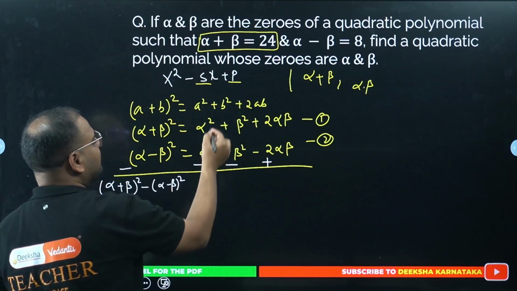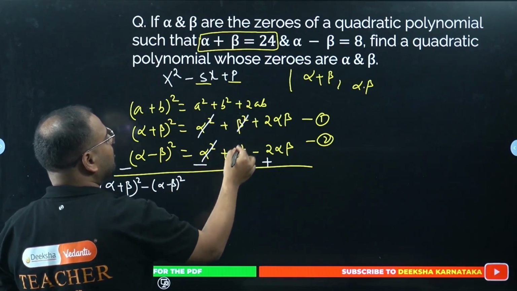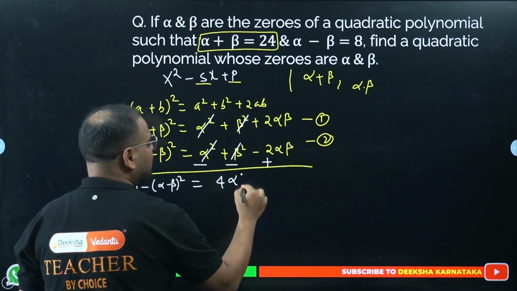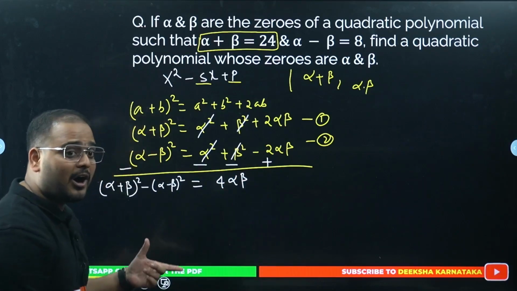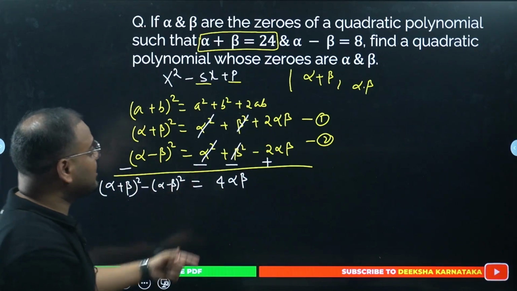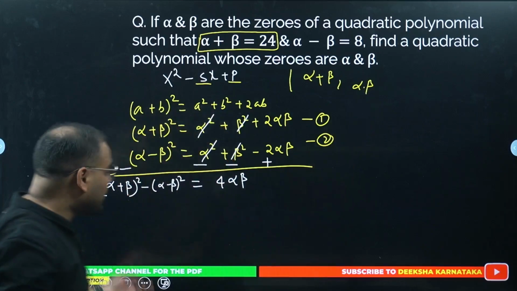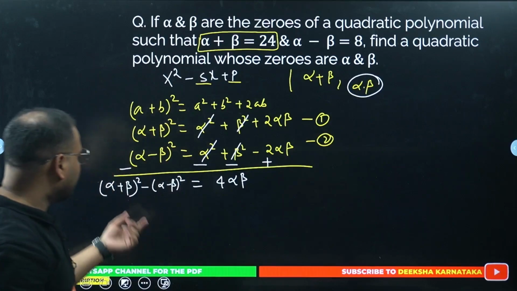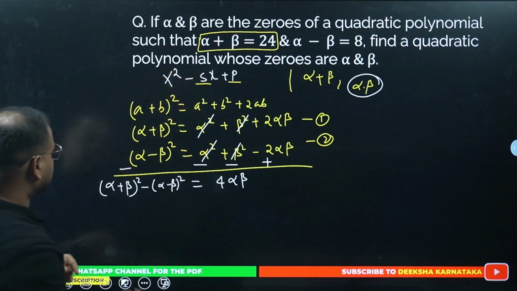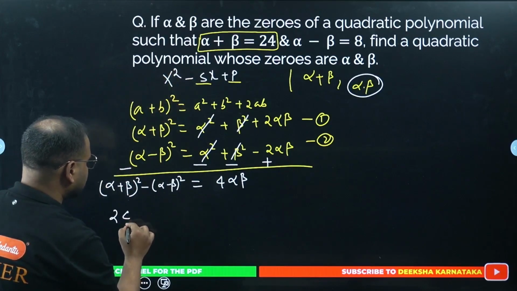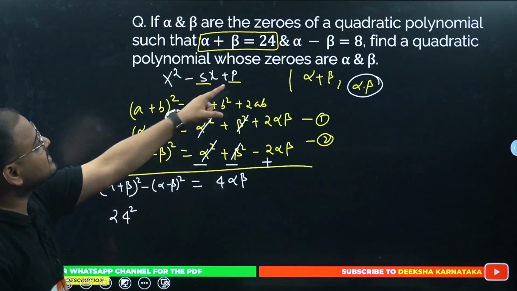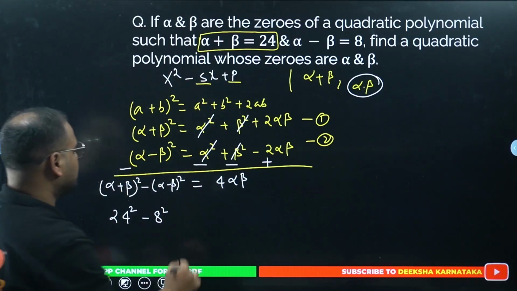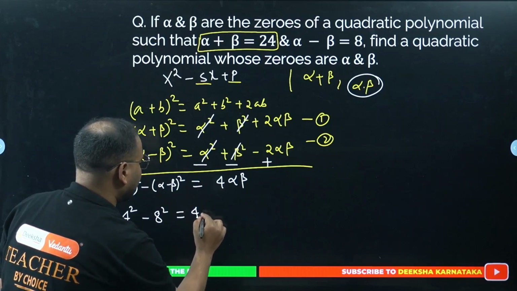And this side will have plus 4 alpha beta. So using the sum and difference we have reached the product. The sum we know is 24, so 24 square, minus 8 square is equal to 4 alpha beta.